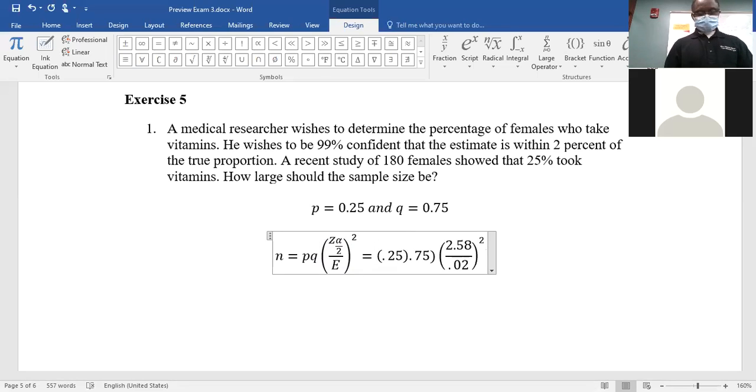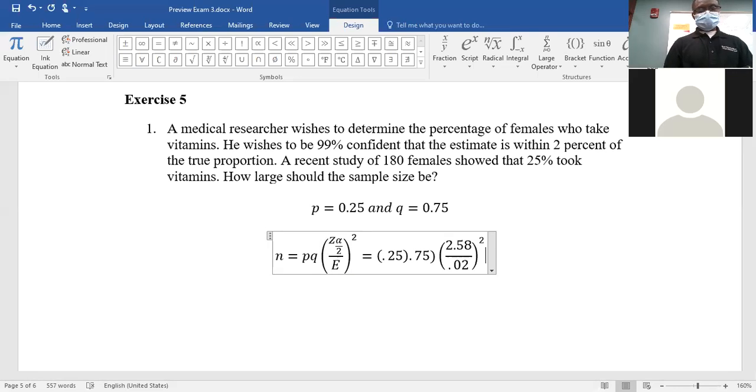And use your calculator. 0.25 times 0.75 equals to 0.1875. And 2.58 divided by 0.02 and square, times 0.1875.